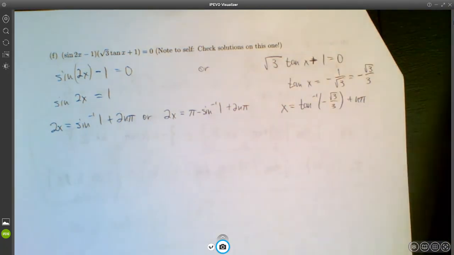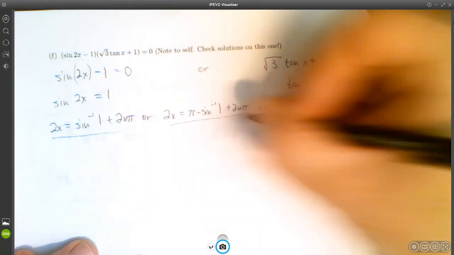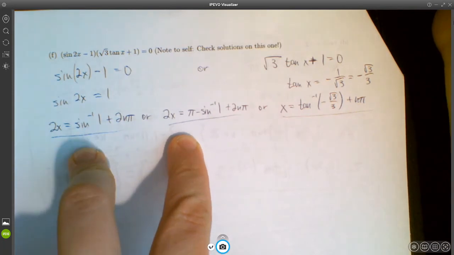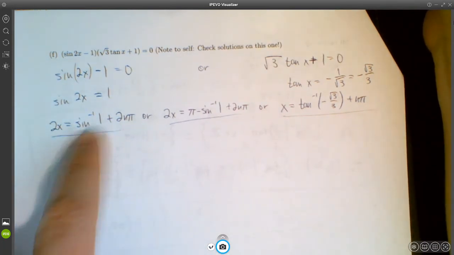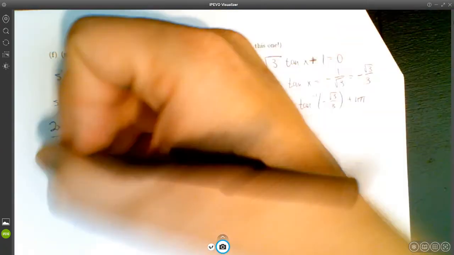And remember, tangent, you only have one generating rule. So these are our three generating rules, right? These three right here. And I guess we're not quite done here because we need to divide through by 2, right? Also, we should probably figure out what sine inverse is and what tangent inverse is. So let's do all of that, right?